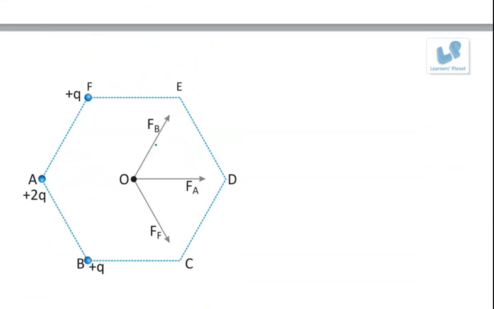Now first of all we find out the electric field due to the positive set of charges, that is at A, B and F. Now the plus 2q charge will be having its electric field in this direction. This magnitude will be equal to 1 upon 4 pi epsilon naught 2q upon L square, because this distance is L. So this can be written as 2k.